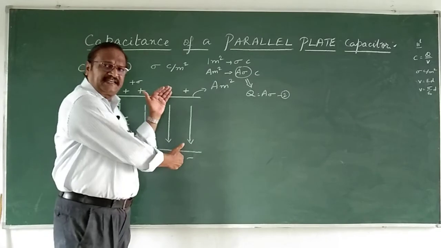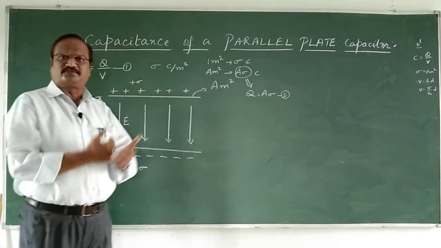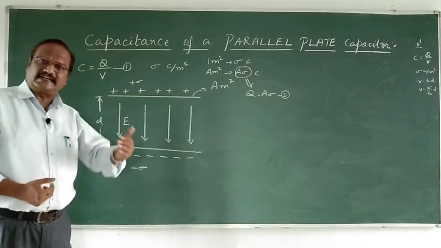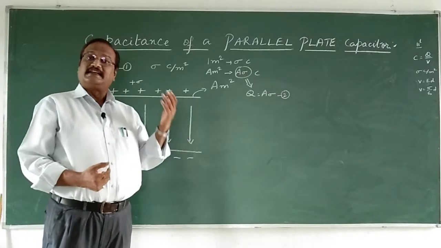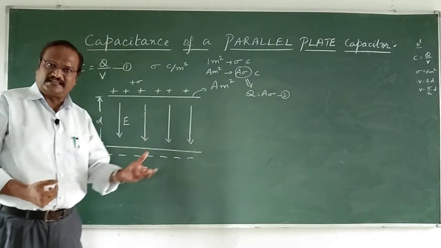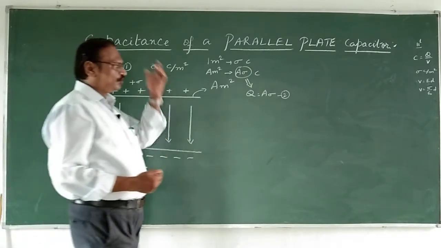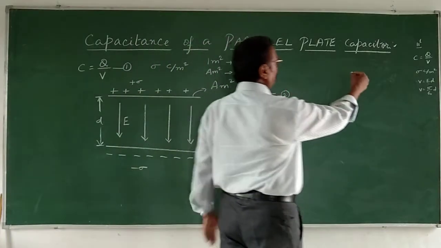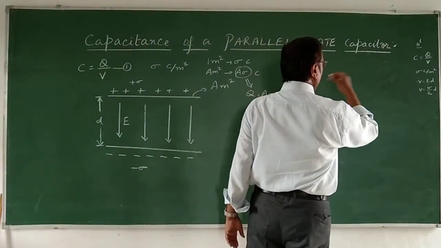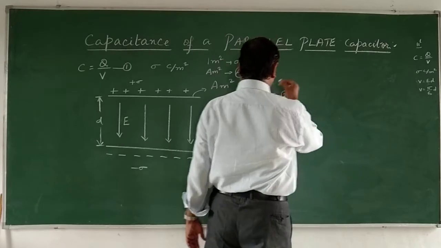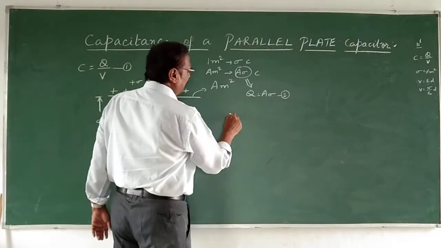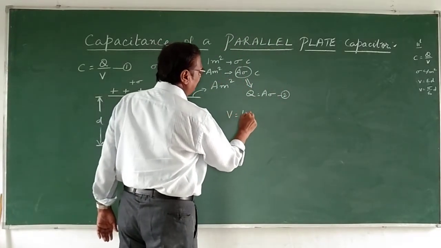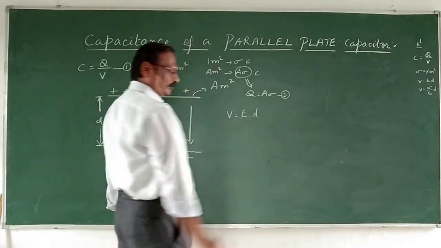Now, whenever there is an electric field, there is a potential difference, and we said that electric field is the negative potential gradient. We already derived an equation for the potential difference, and I proved that V is equal to E into d. I hope you remember this.